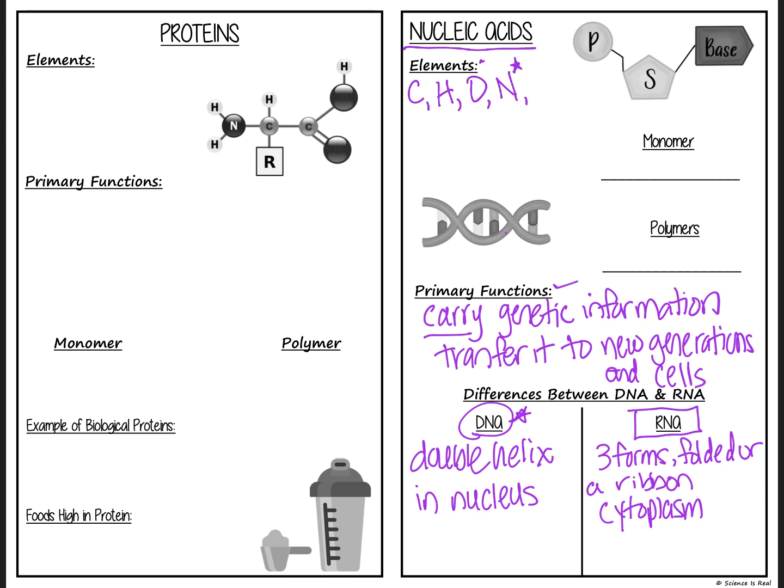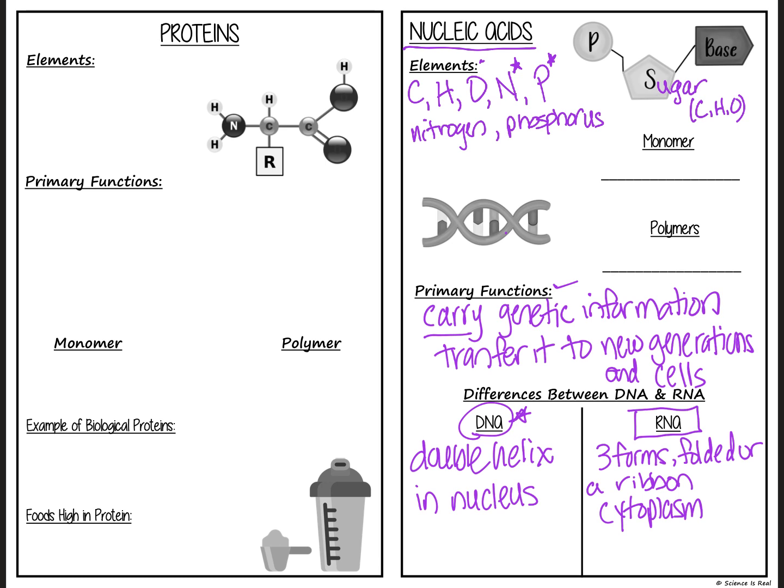And it has some phosphorus, which is a big deal. So I'm going to write those ones out. Nitrogen and phosphorus. This S here stands for a sugar, which we know is made of carbon, hydrogen, and oxygen.